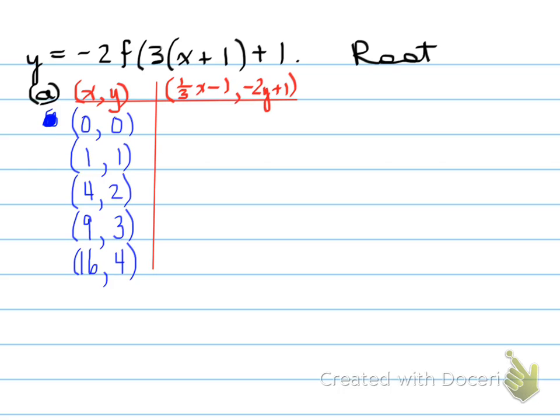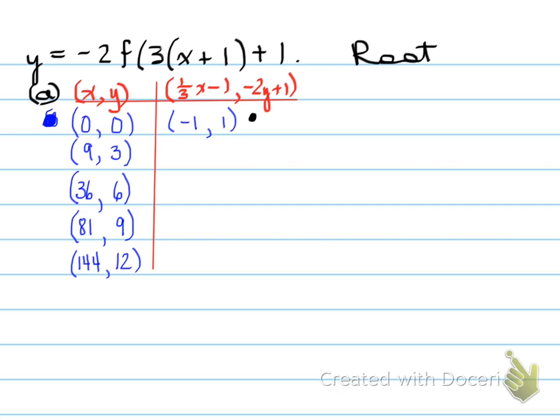When you apply the transformations, we'll quickly find out that if I take the 1/3, some of these values will not be nice. So we need to find nice points. I'm going to change the ones that give us not nice points and make them into nice points. And we get 9, 3, 36, 6, 81, 9, and finally 144, 12.